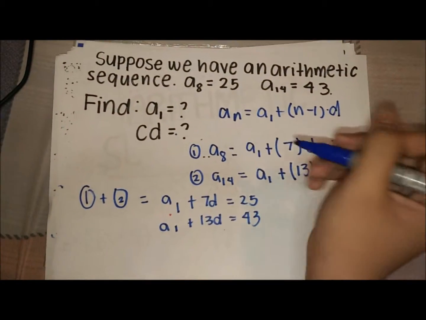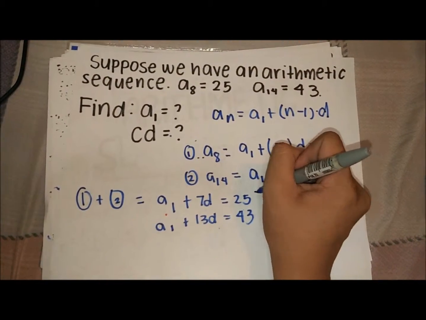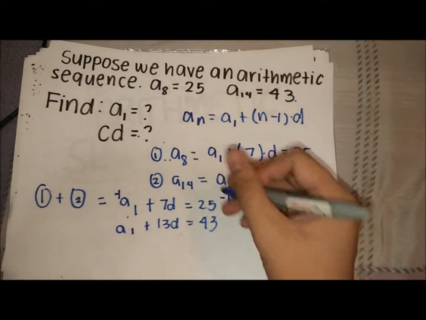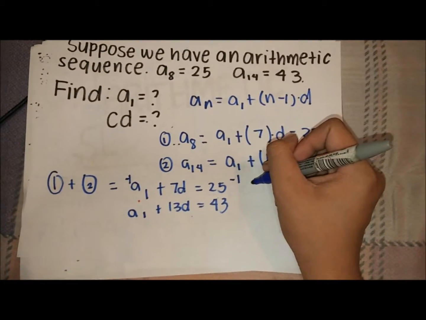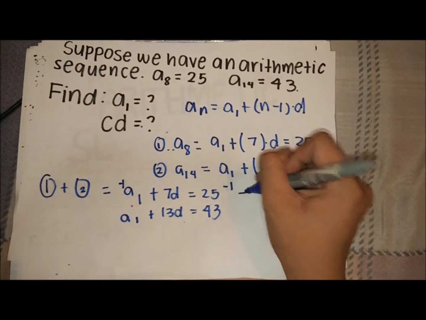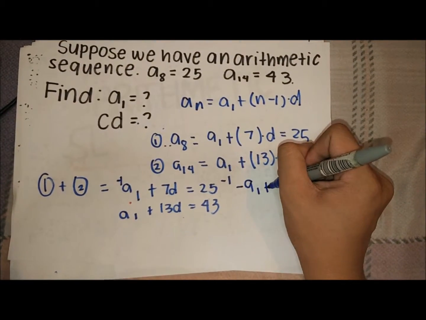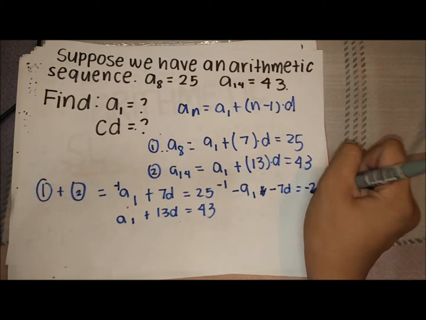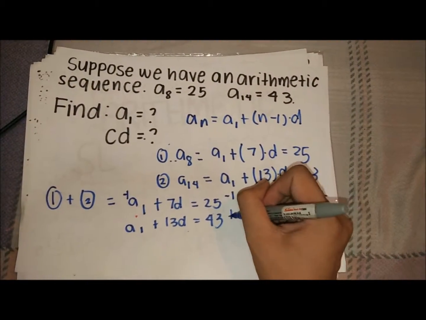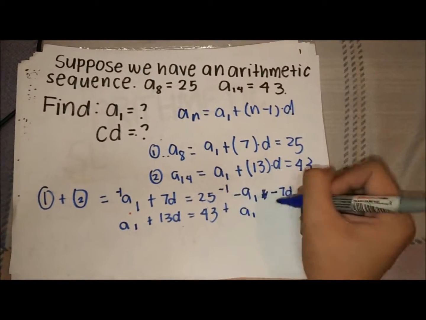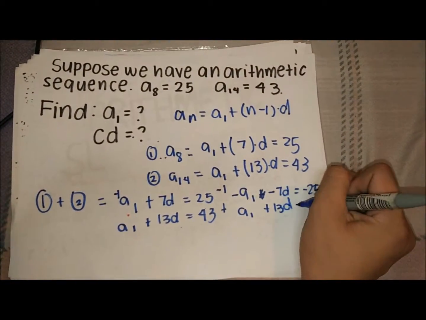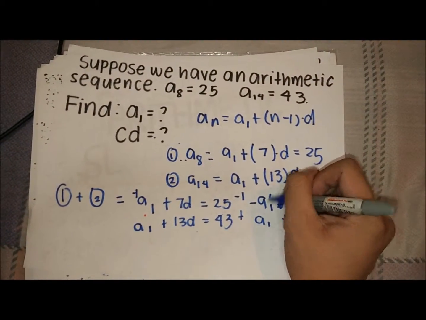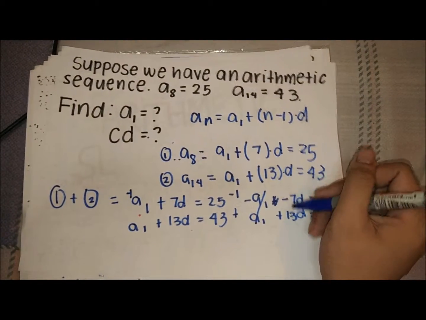What I'm going to do is multiply equation 1 by negative 1 and leave the other as it is, so the signs will change. Negative a sub 1 minus 7d is equal to negative 25, plus a sub 1 plus 13d is equal to 43. So we could cancel this and this.